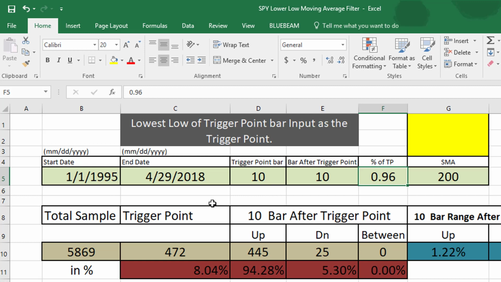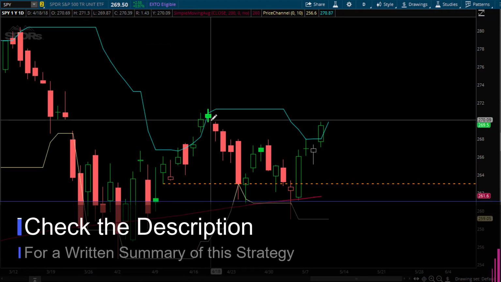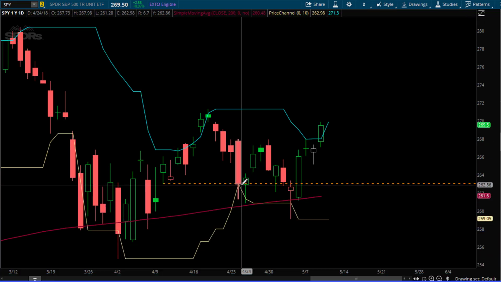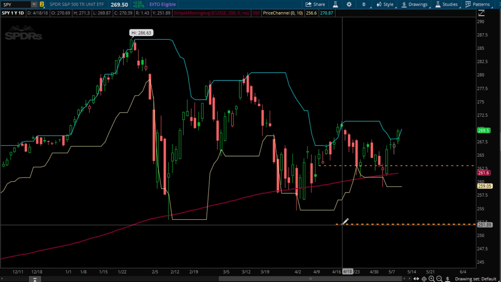For the past 23 years, when the SPY hit a new 10-day low, 10 days later, it was above the 4% below level 94% of the time. So let me go back to the chart because that might make more sense to you here. So again, when the SPY hit a 10-day low and it was still above the 200-day moving average, 94% of the time it was above the 252 level down here, or 4% lower 94% of the time.